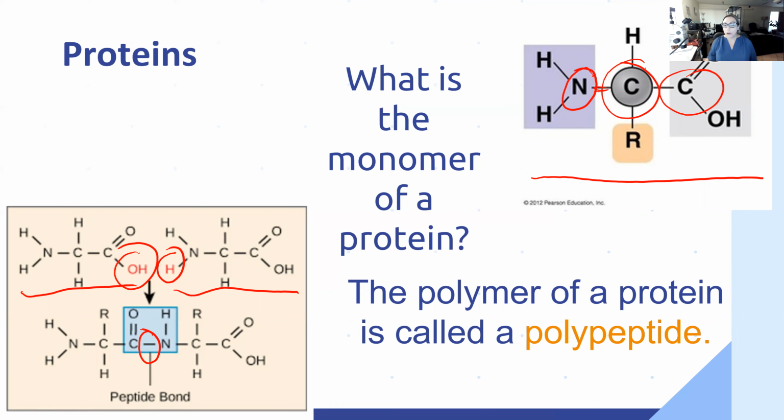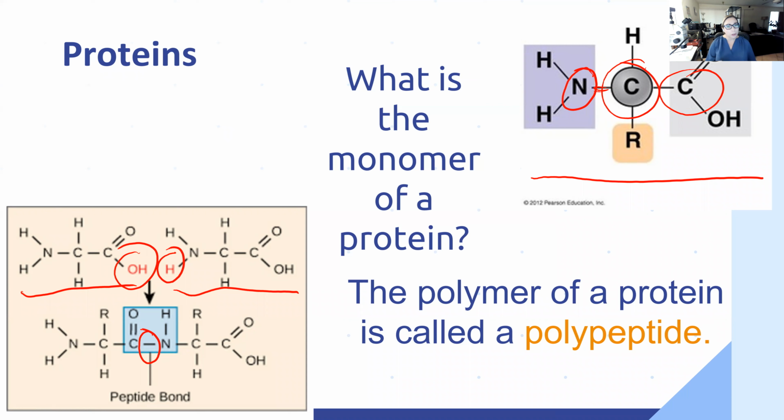Now you may be wondering why it says peptide bond. Well, just as with the terms monomer and polymer, covalent bond is a generic term. And when we're talking about the four types of biological molecules, we give those covalent bonds different names. So for a protein, the covalent bond is called a peptide bond.